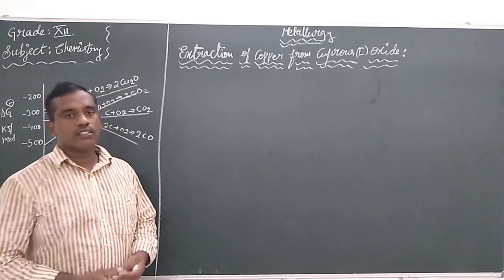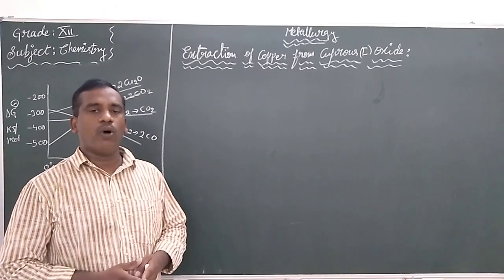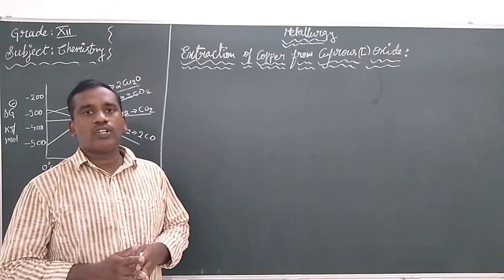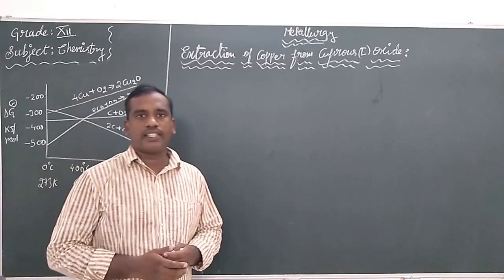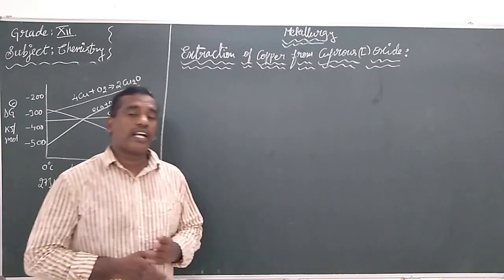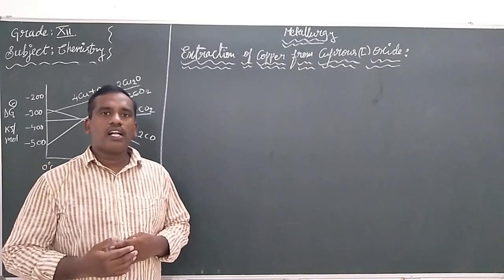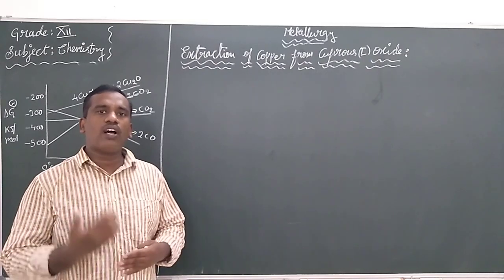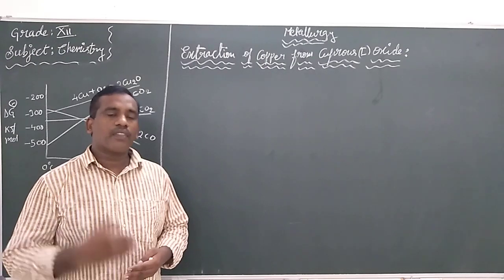Hi students, in our previous video we discussed the extraction of iron from the blast furnace. There we used different ores, hematite and magnetite, and related the extraction of iron to the Ellingham diagram.